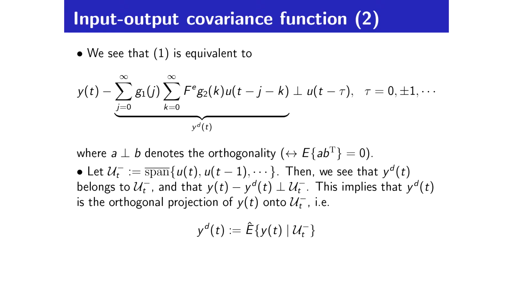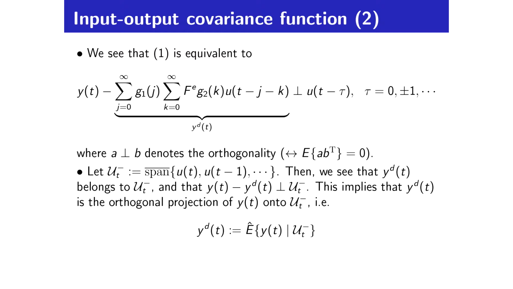This technique is very often used in Akaike's paper on stochastic realization, so I use it. Now we define the span of the past inputs. Then we see that yd here belongs to the span of ut minus. And also the difference is orthogonal to the past inputs, so yd should be the orthogonal projection of yt onto the past space. So we write it this way.